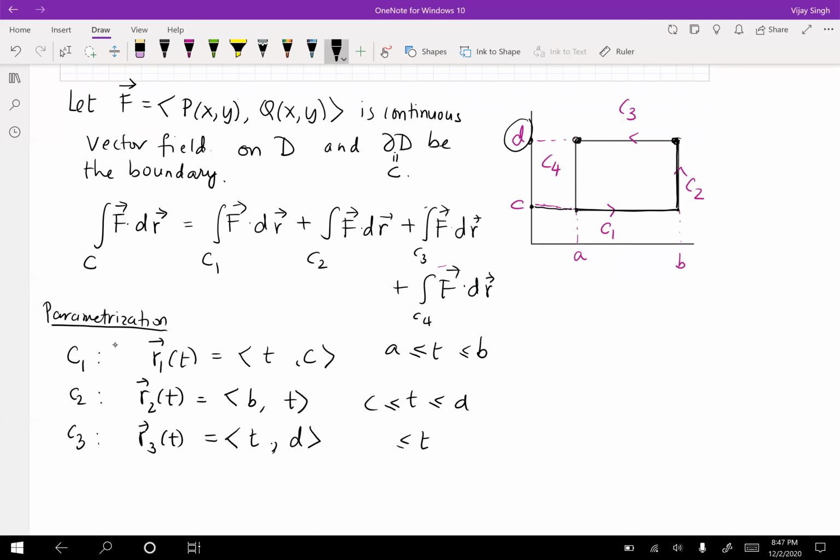So what we'll do is we will call this minus C3, which is given with the opposite orientation. So for minus C3, my t will go from where to where? a to b.